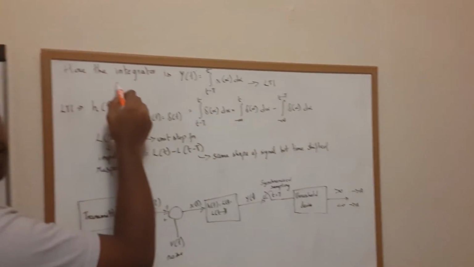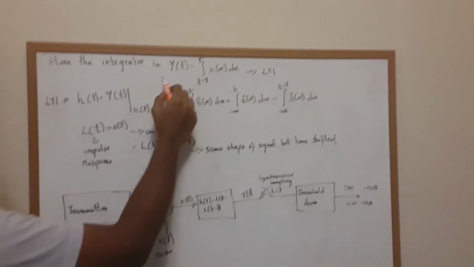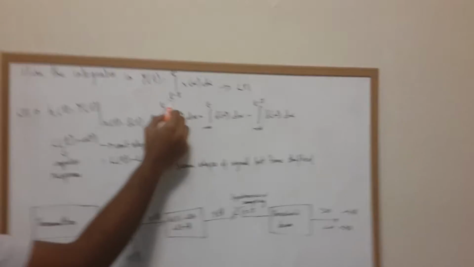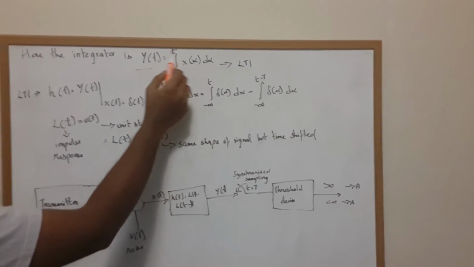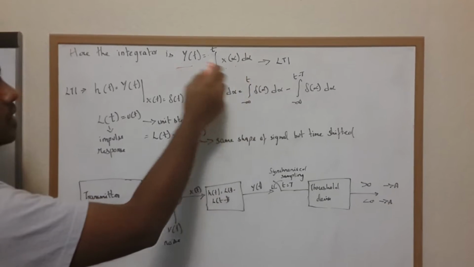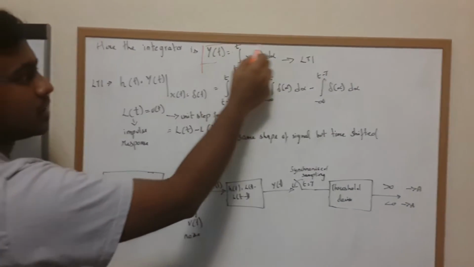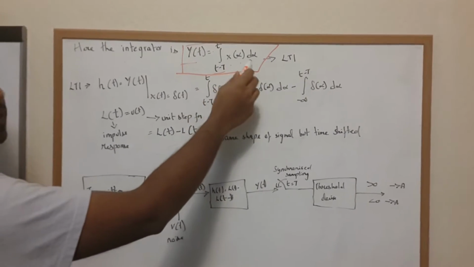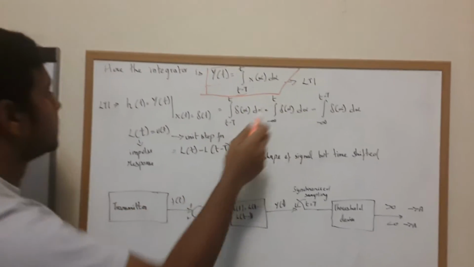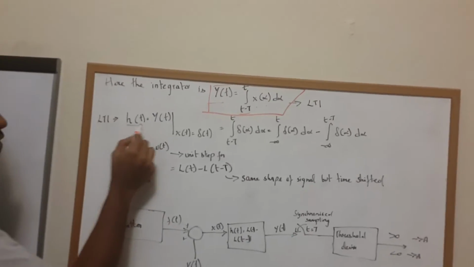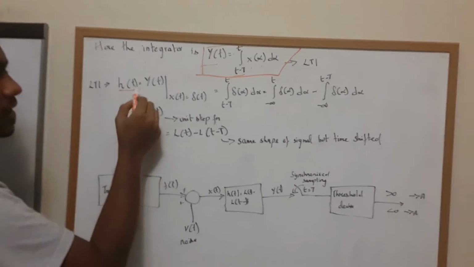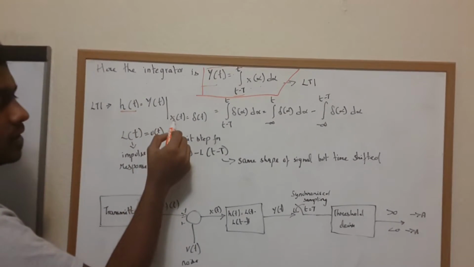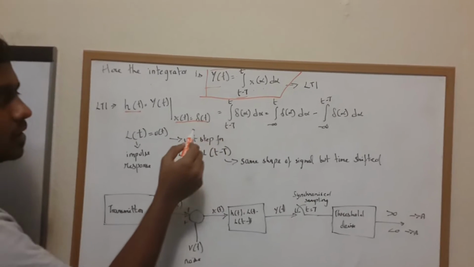Here the output of the integrator is given by y of t equal to the integral from t minus T to t of x of alpha d alpha. This system is an LTI system, so the LTI system is given by h of t. h of t equals y of t when x of t equals delta of t.